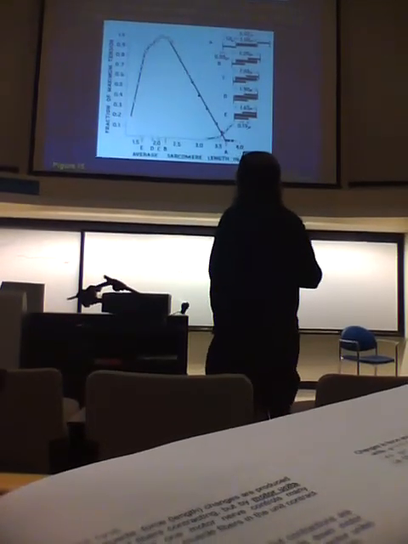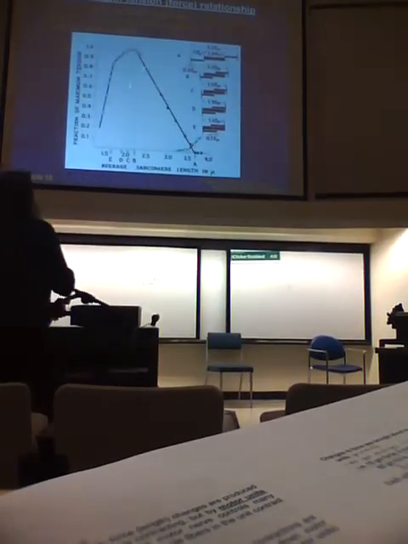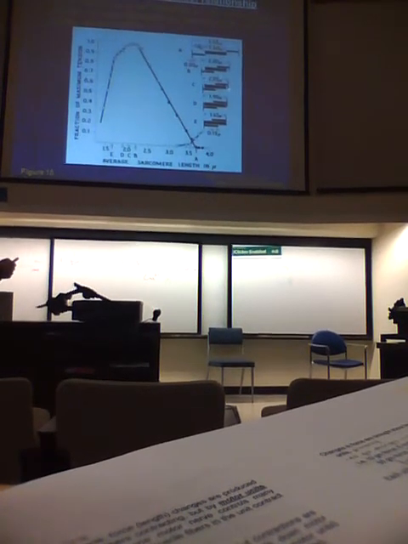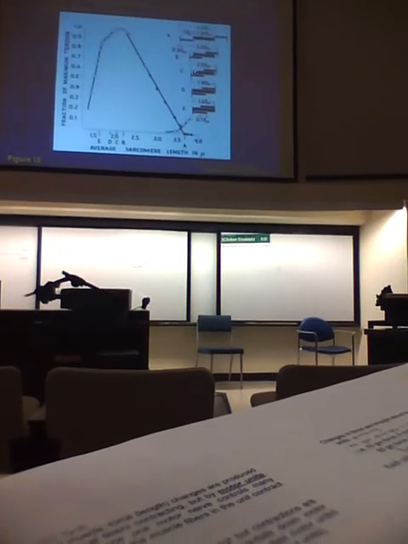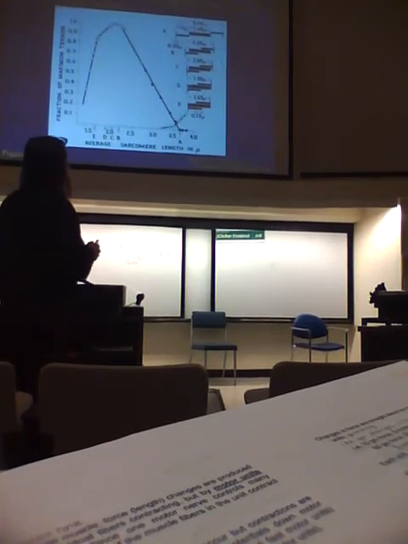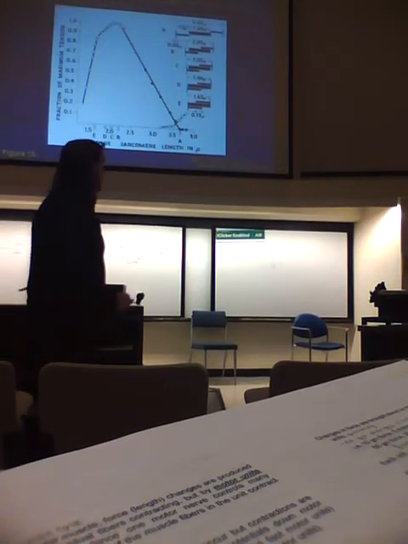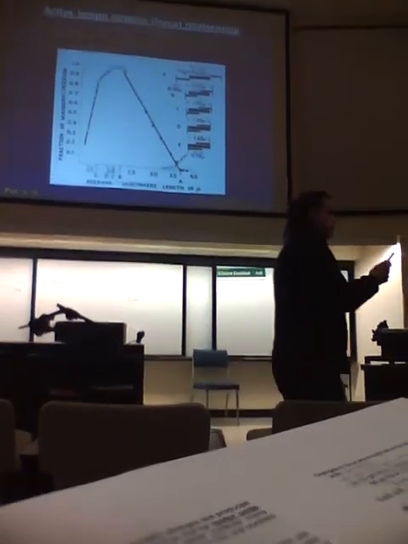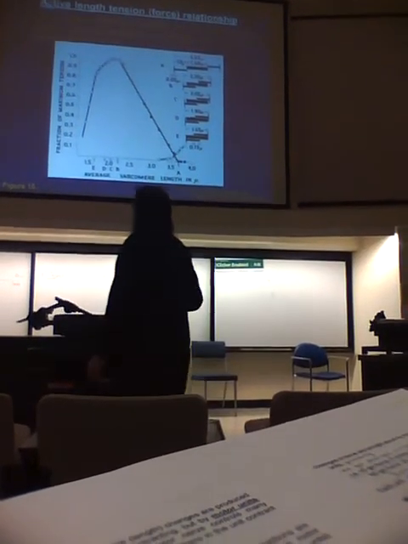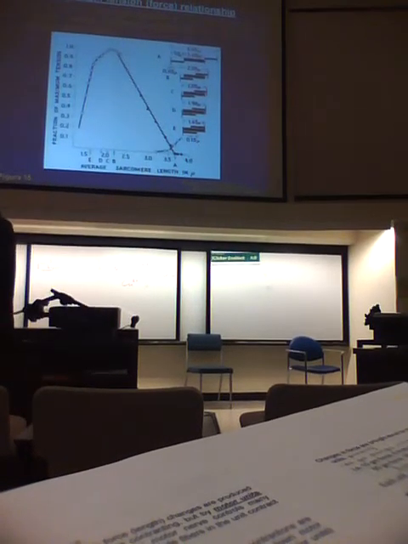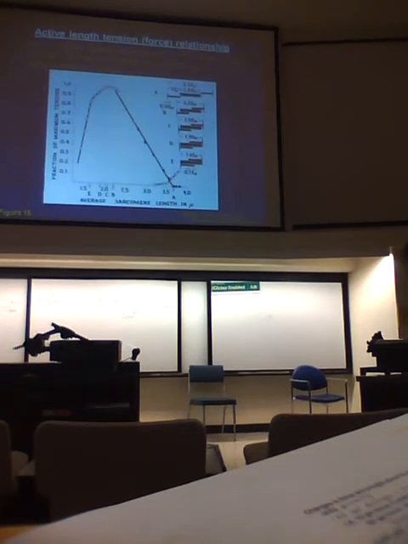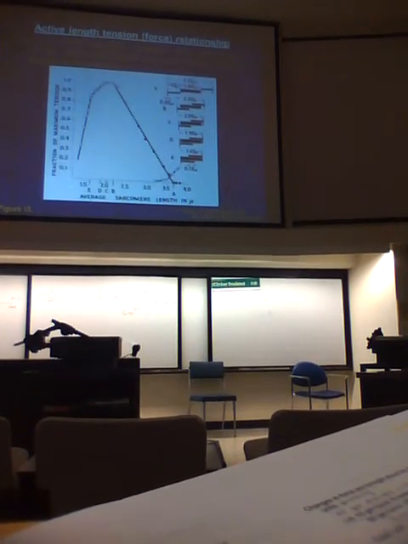This is the myosin filament, this is the actin filament, and you get the maximum force in this range here. If you shorten the muscle in this range here, where the actins bump into each other, where the filaments actually slide, then you reduce force.